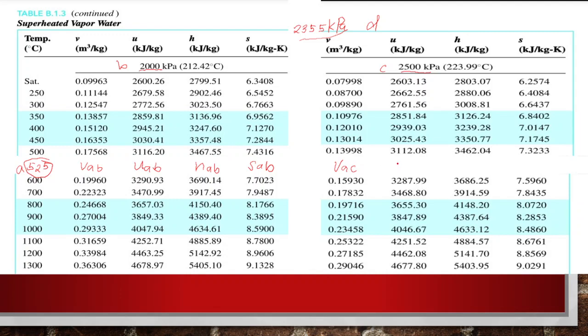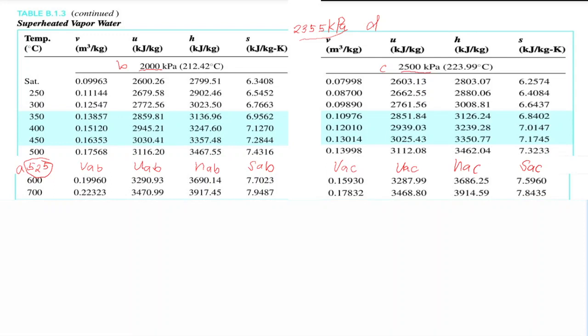So we have the internal energy at a temperature of 525 degrees Celsius and at a pressure of 2500 kilopascal, so UAC, HAC, and SAC. So to find VAB, therefore, we have to interpolate like this one.